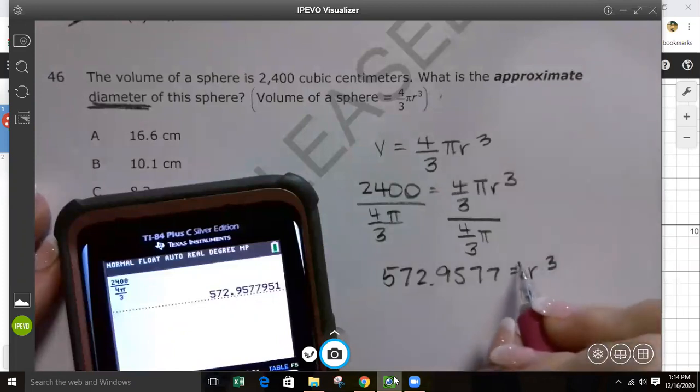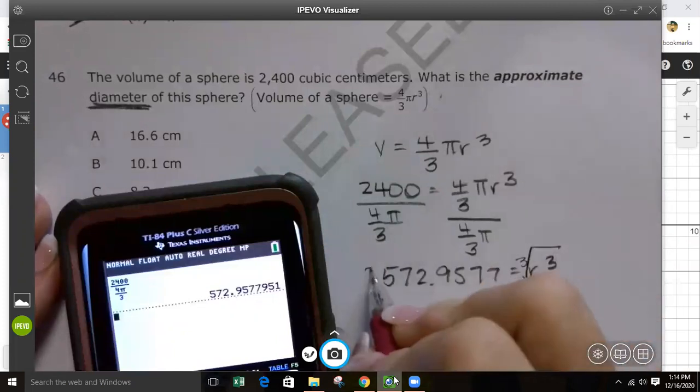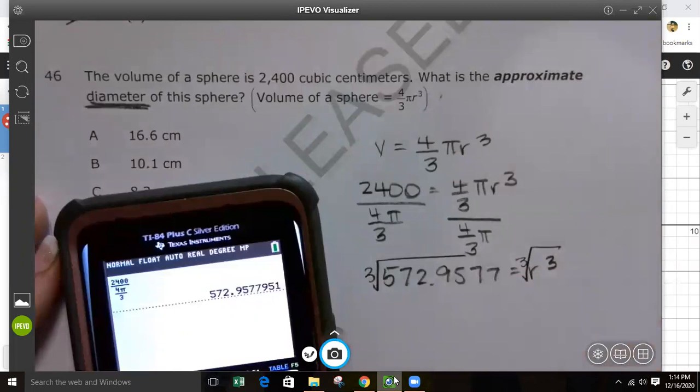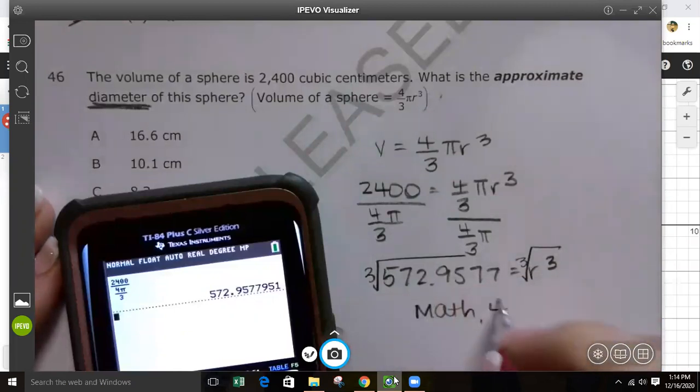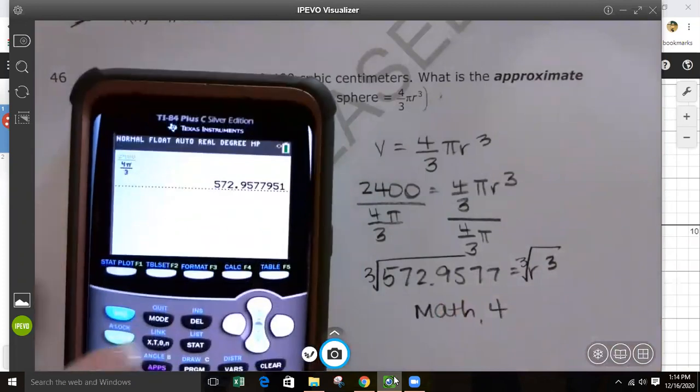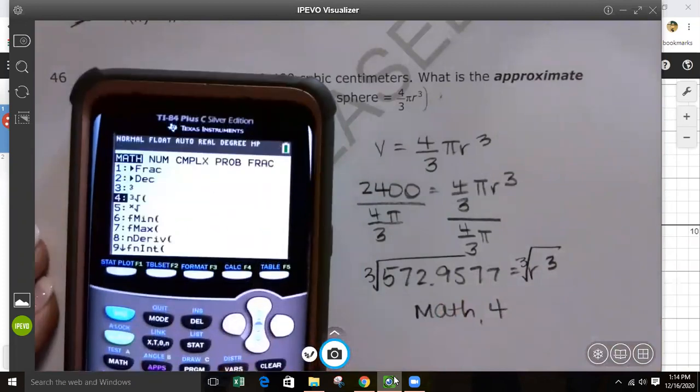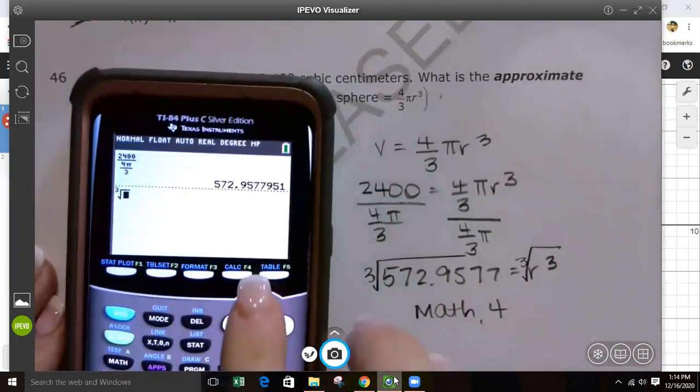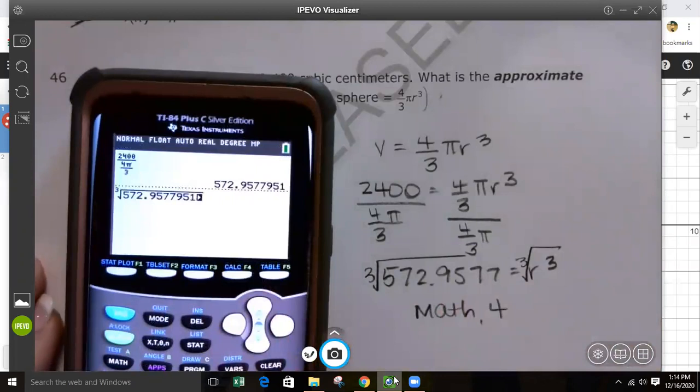For a cube to cancel out, you do a cube root. And I think we've done this once or twice, but just to remind you, it's math and the 4 key. So if we look under math, and number 4 is 3 square root, or that cube root. And then you can jump up here and highlight that and put that into your answer.